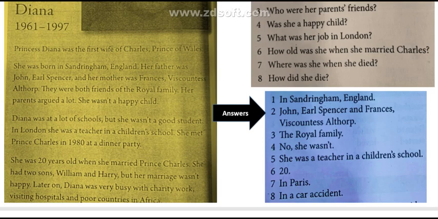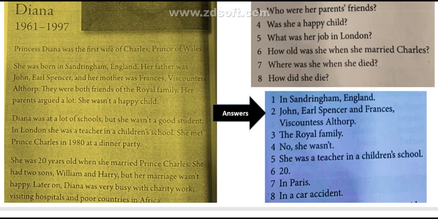Her father was John Earl Spencer and her mother was Frances Viscountess Althorp. They were both friends of the royal family. Her parents argued a lot, so she wasn't a happy child. Diana went to a lot of schools, but she wasn't a good student.